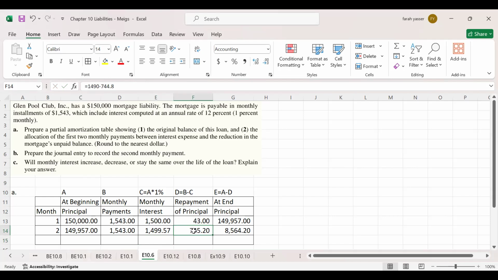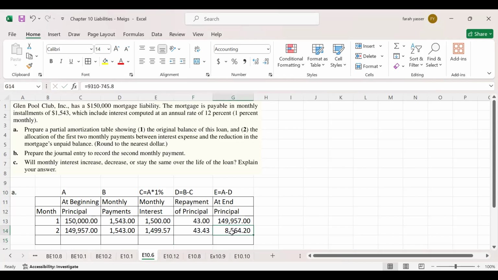How? 1543 is the total monthly payment, and we deduct 1499.57, which is the monthly interest expense. So again, we get 43.43.